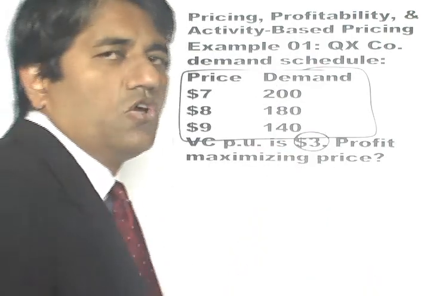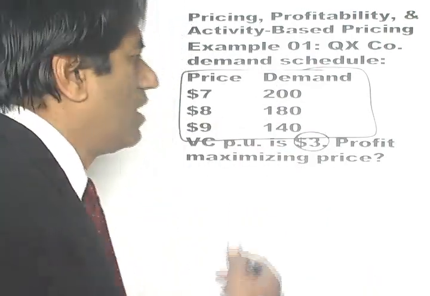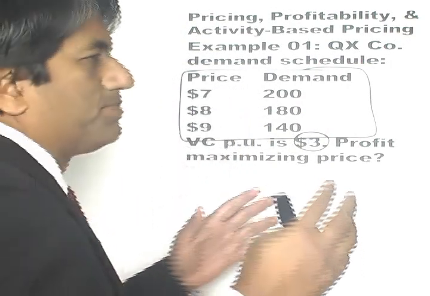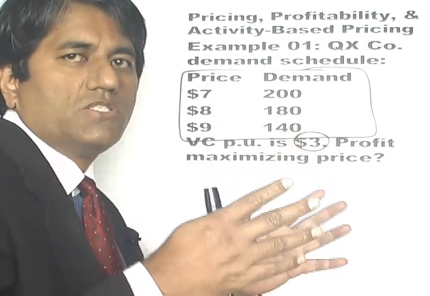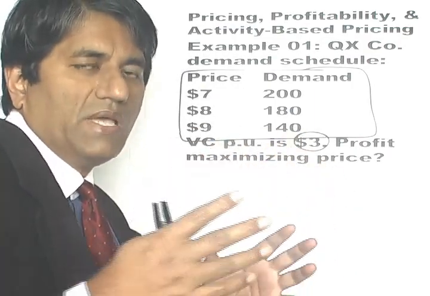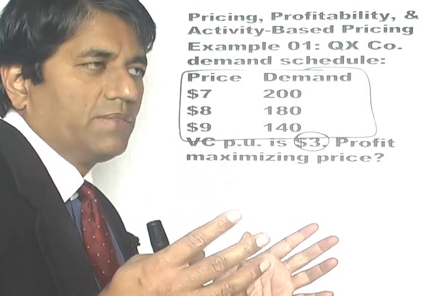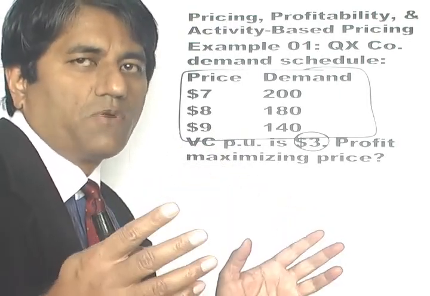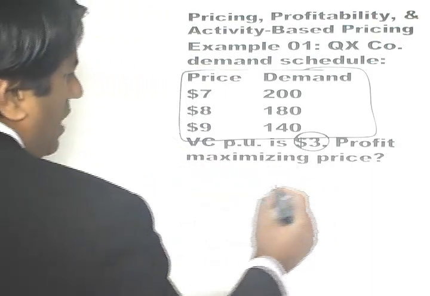So we don't really need to know fixed cost because it's constant for all these three different prices. So let's see what is the price minus variable cost into quantity, which is also called contribution margin. And you subtract fixed cost from that quantity and you'll get profits.